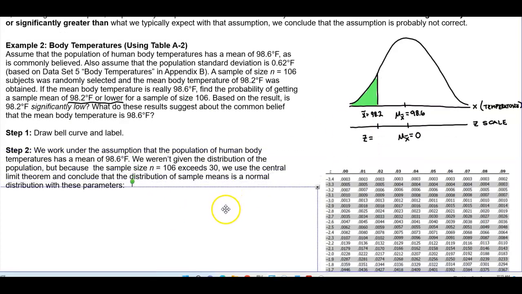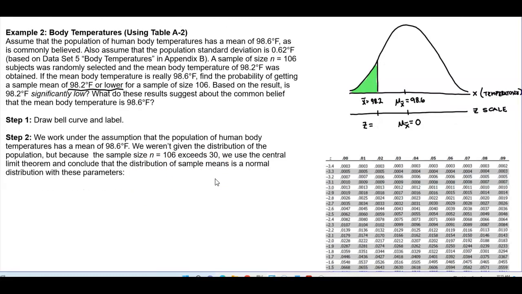Now it says work under the assumption that the population of human body temperatures has a mean of 98.6 degrees Fahrenheit. We weren't given the distribution of the population, but because the sample size n equals 106 exceeds 30, we use the central limit theorem and conclude that the distribution of sample means is a normal distribution with these parameters.